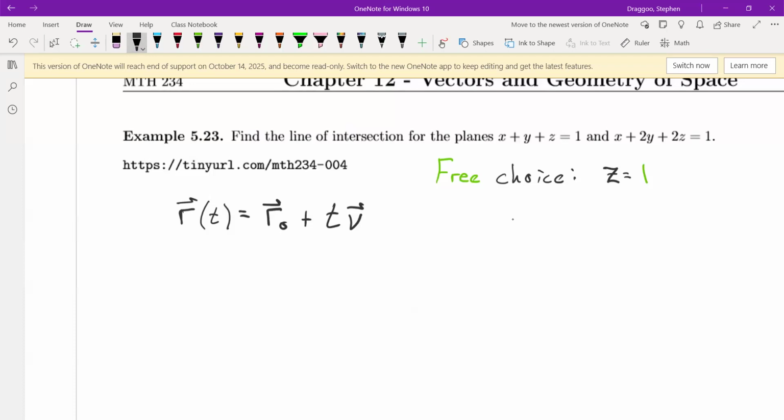So if I let z equal 1, that means x plus y equals 0, and x plus 2y is equal to negative 1. If I just plug in 1 for z, those are the two equations I get.